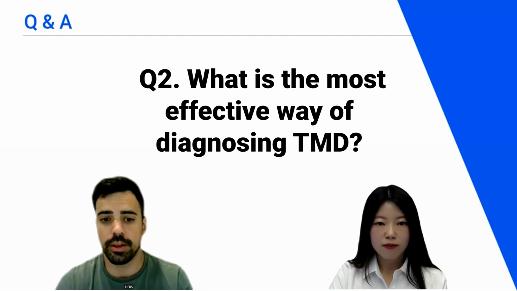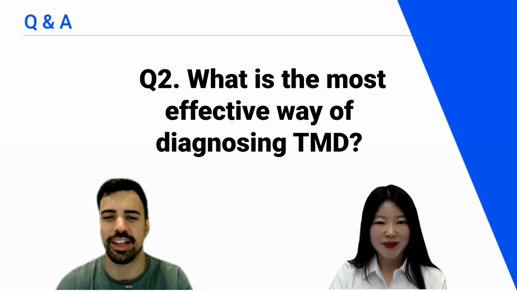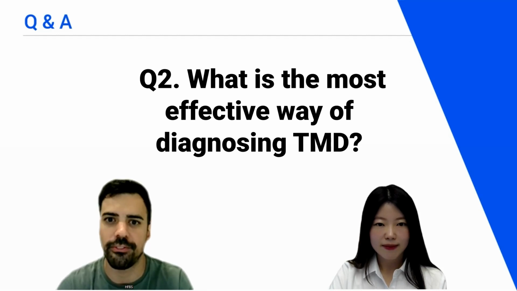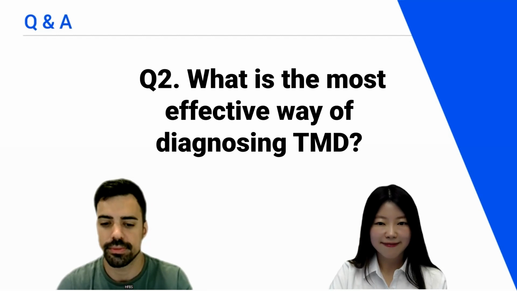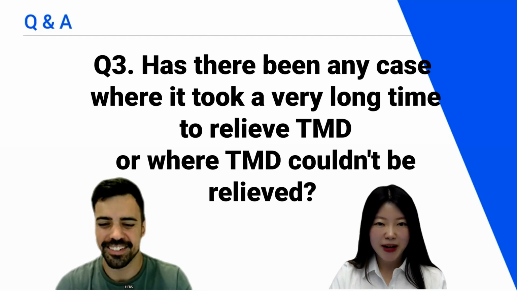So it's a combination of things. It's never just one thing that is going to give you exactly the diagnosis. But thanks to those features, you'll be able to find if the patient has TMD or not. Okay, it means it's a combination of all the symptoms. Yeah.